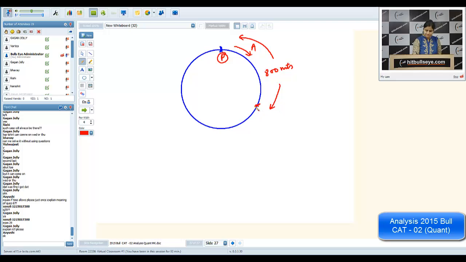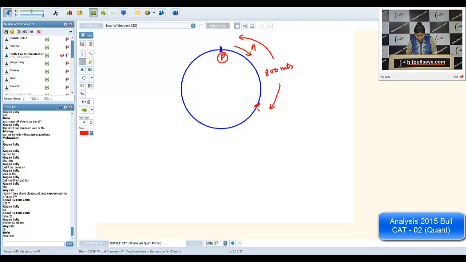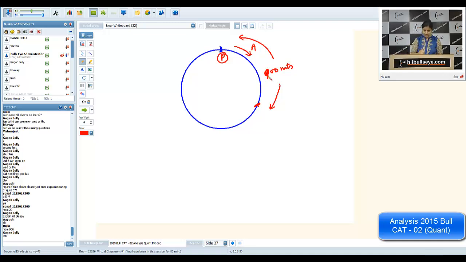And they both are meeting at this point. Now the next thing: in my copy this is given as 800, 900, and for the second time at a distance of 800 meters in the anti-clockwise direction from P. Okay, if B is yet to complete one round, then what is the circumference of the circle?